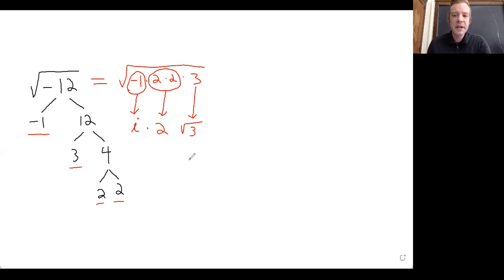So the only other thing I need to do is multiply the things that are outside. Well, i times 2 is going to give us 2i. So we have 2i square root of 3. So anytime we have the square root of a negative number, that's going to give us an imaginary solution. This i represents the imaginary number, and that takes care of the negative sign with the 12 here.